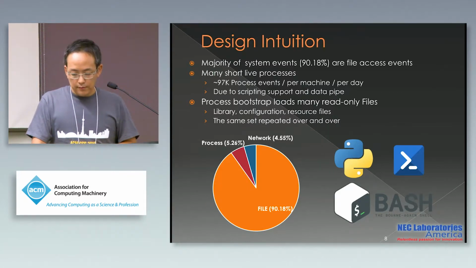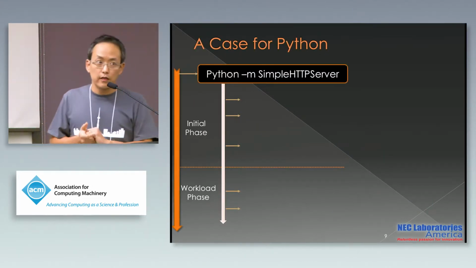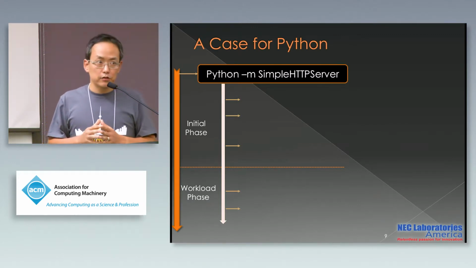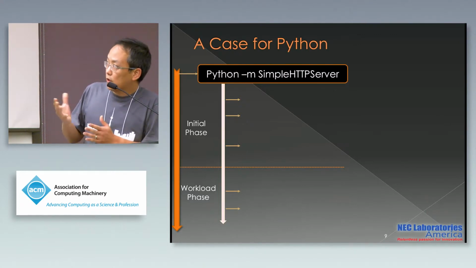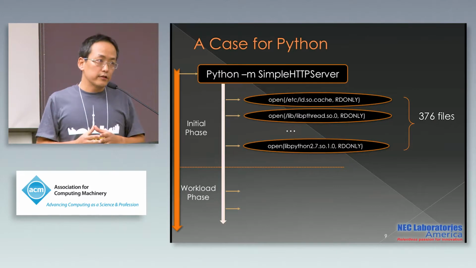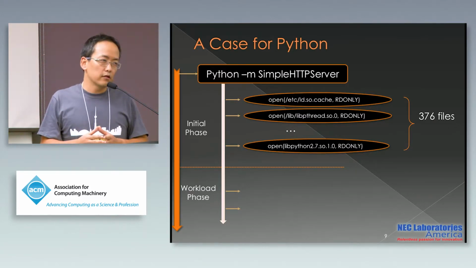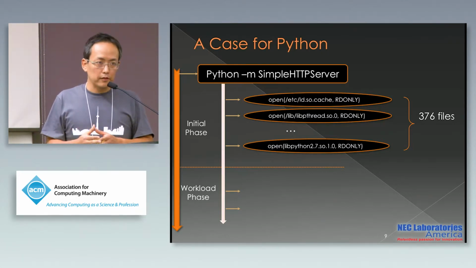Okay, having that said, I want to go over one very simple test case. This is the case for a Python example. As you can see, this command line specifies its application logic, running a simple web server. In its whole lifetime, we see about 600 files are read for loading and providing a service.